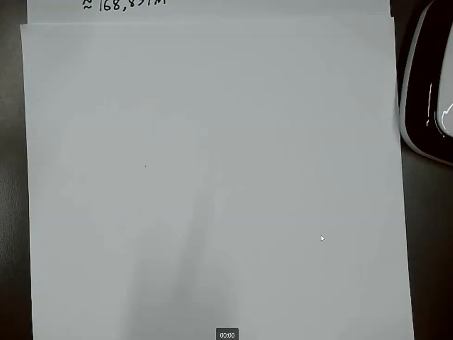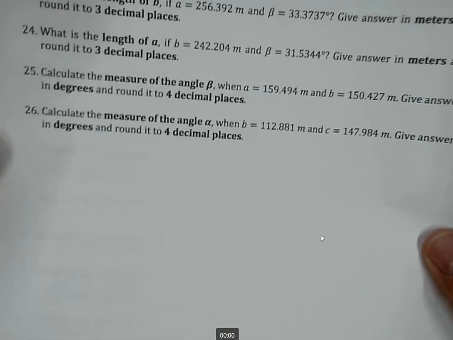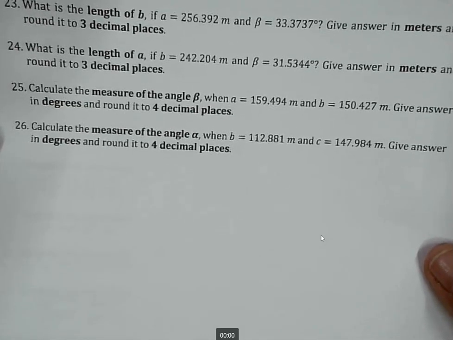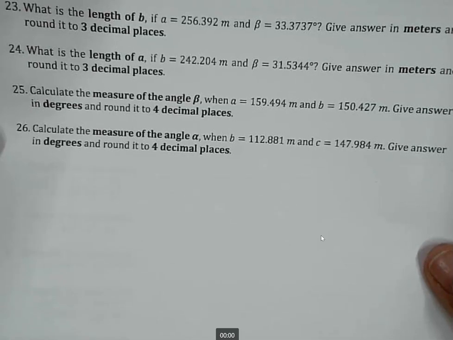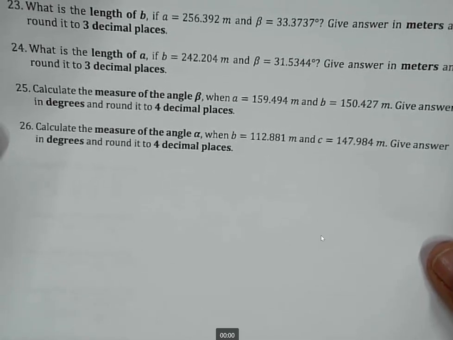That was the 23. 24. What is the length of A if we know B and beta?